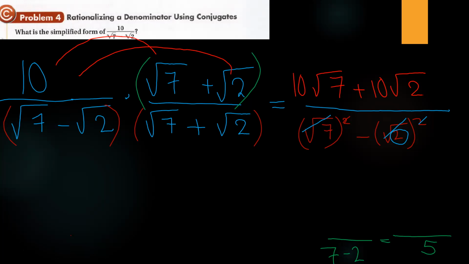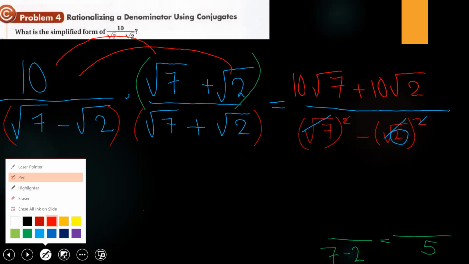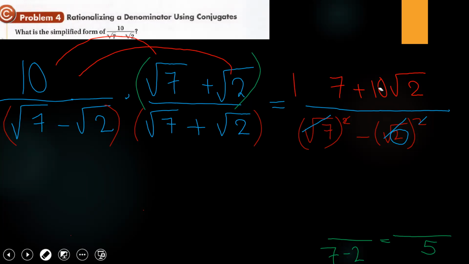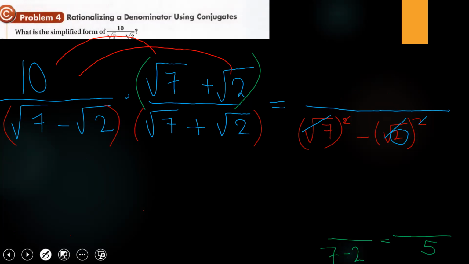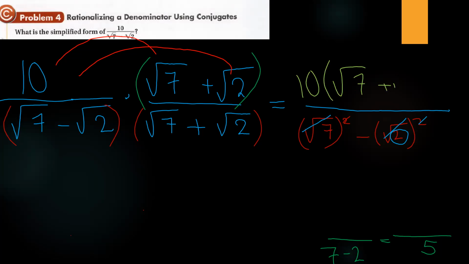Or in simplified form, keep them as 10 times the square root of 7 plus the square root of 2. Why? I will tell you, because I want to simplify it.